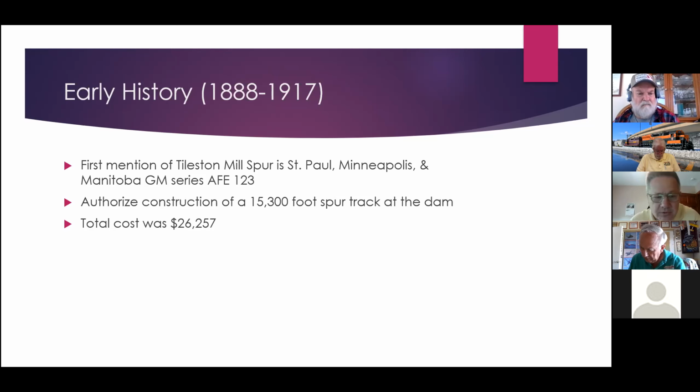The total cost was just over $26,000. Basically, it was a 3-mile spur coming off the main line. We don't have much other information, so it's difficult to know exactly what was built on the AFE, but based on changes made later in other maps I found, I think we have a pretty good idea.